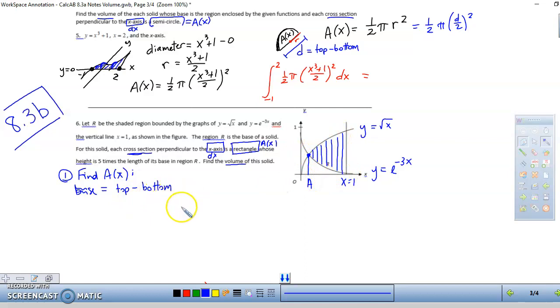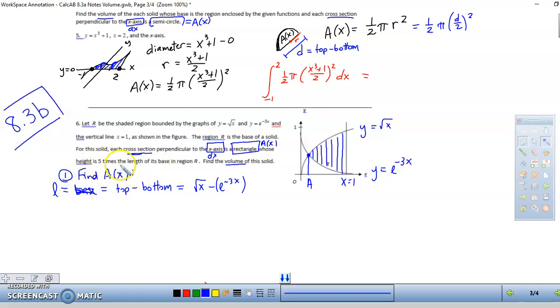So I can just do that right away. Top minus bottom in this case is square root of x minus e to the negative 3x. And again, get in the habit of putting parentheses around that. That's the length. I'll just put an L there instead of a base.